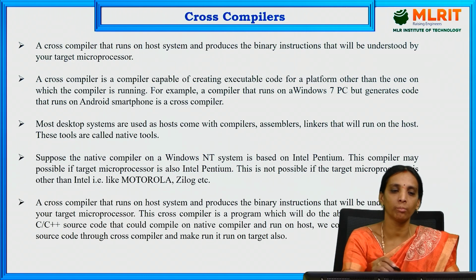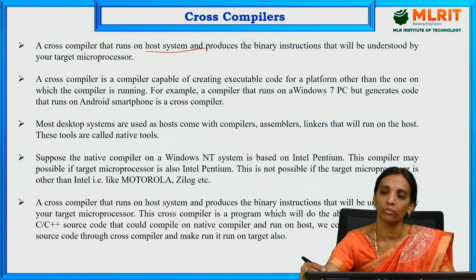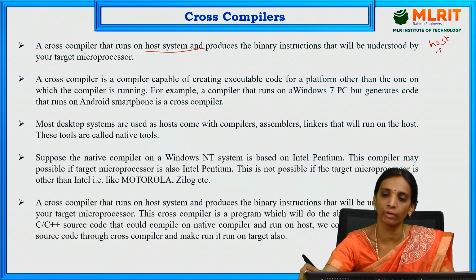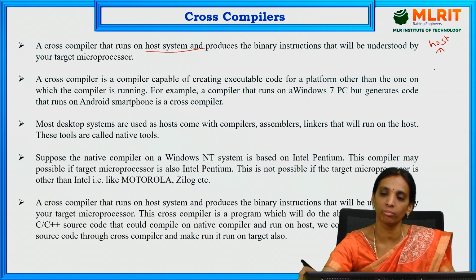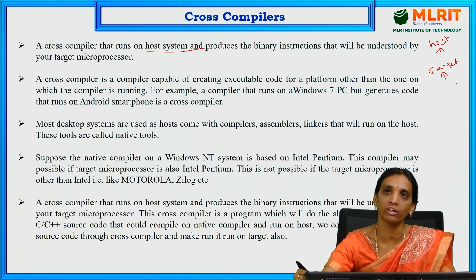Cross compiler. A cross compiler is used when the program is developed for one platform, which is the host machine, and another platform is designed for the target machine.